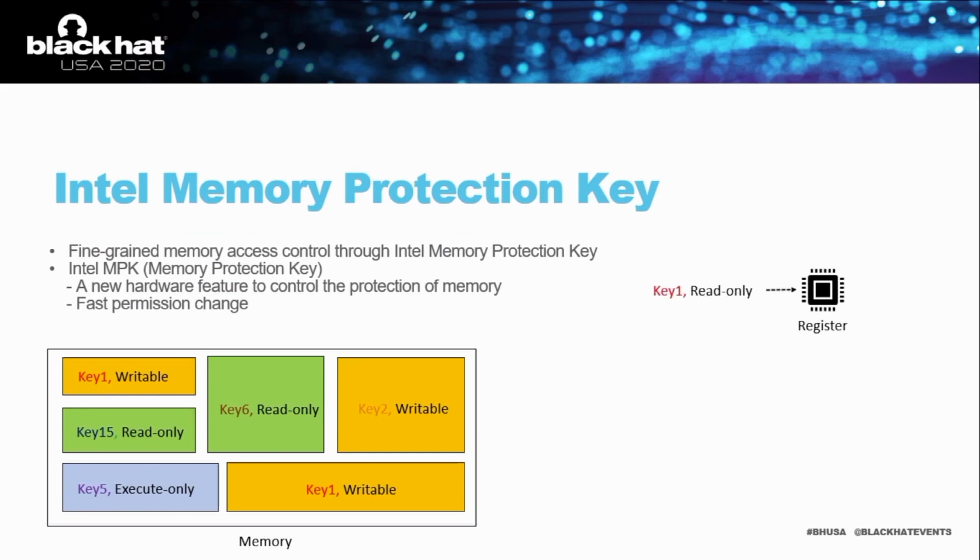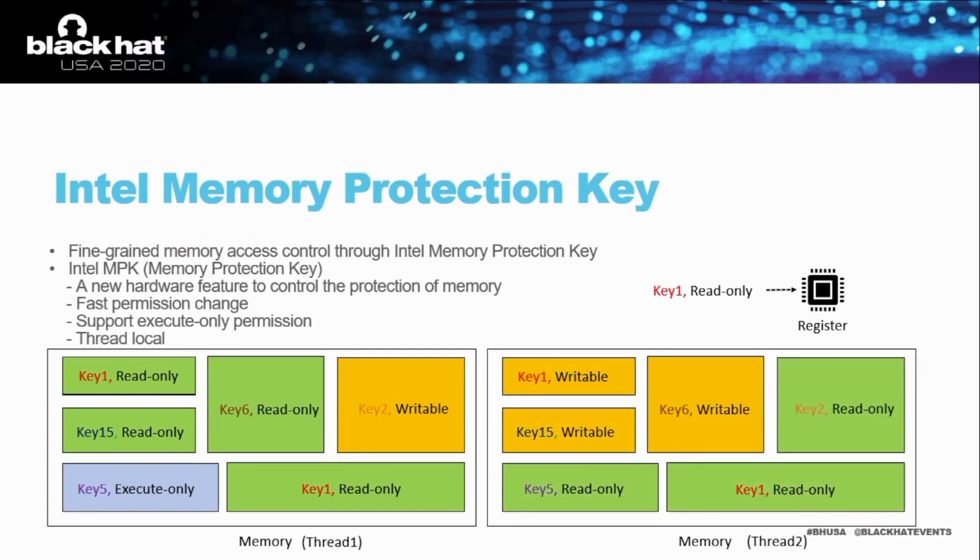Changing permission is achieved by simply changing a permission bit of the specific key in the PKRU register, and then every chunk with that key is affected. Also, MPK supports execute-only memory, which mprotect does not support. Finally, MPK is thread local, so every thread has a different view of the memory permission of the same chunk of memory.